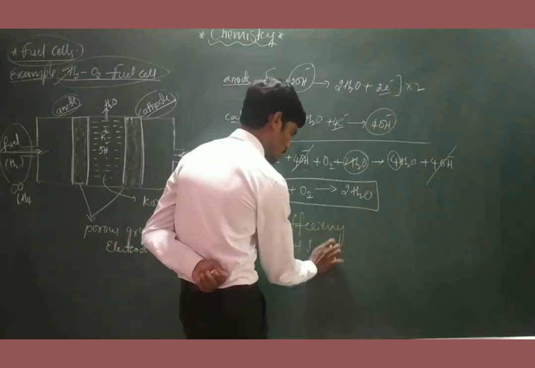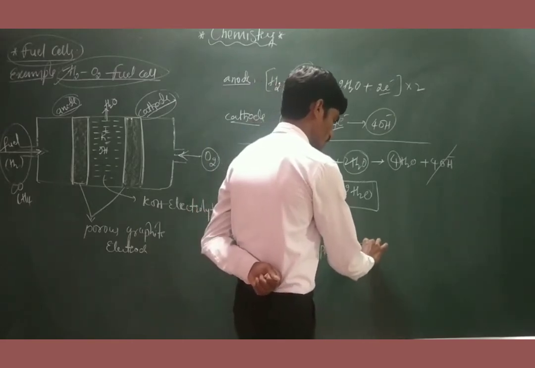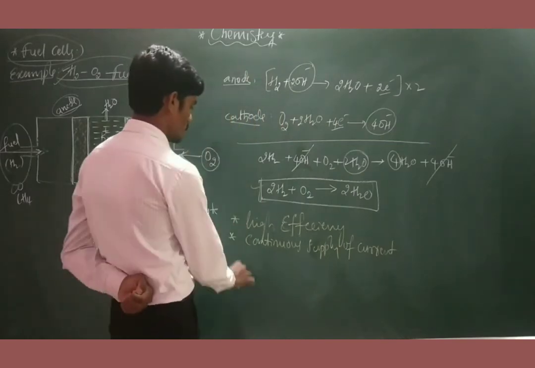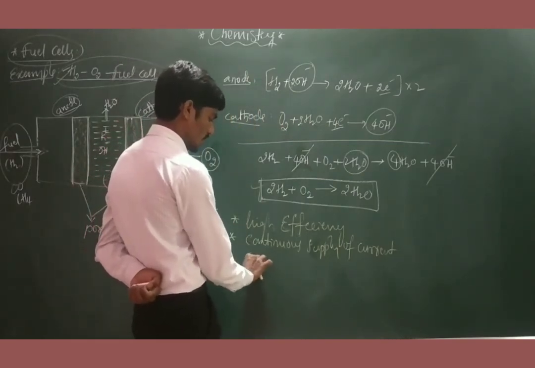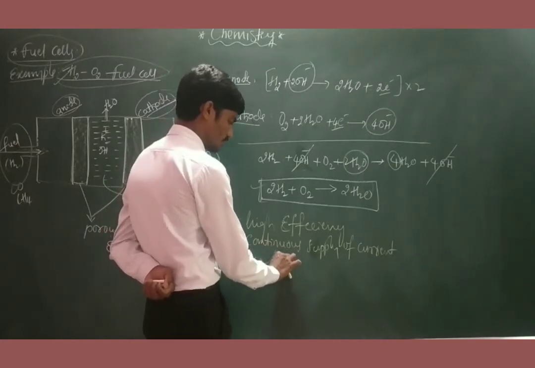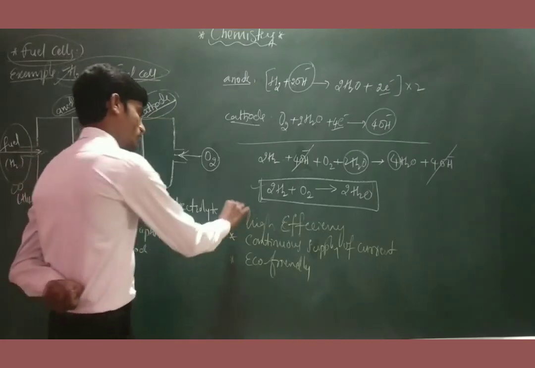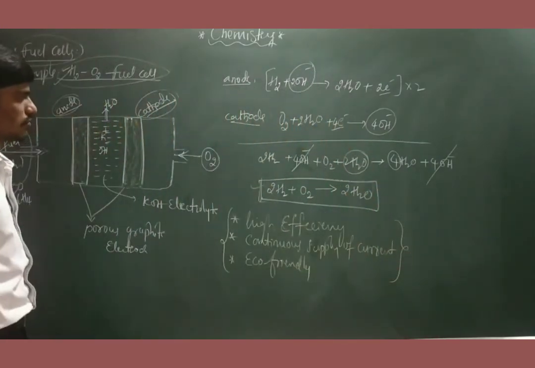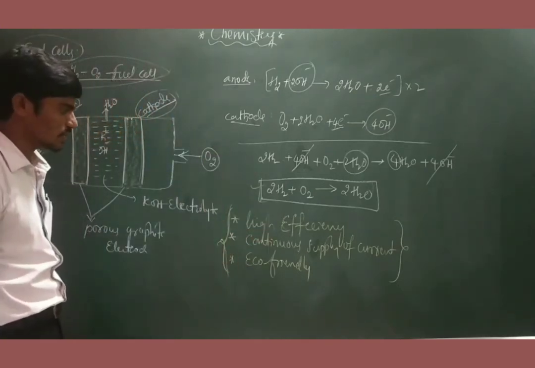Continuous supply of current, and the third one is pollution free working, or we can say it is eco-friendly. So because of these 3 advantages, it is more efficient than other cells.